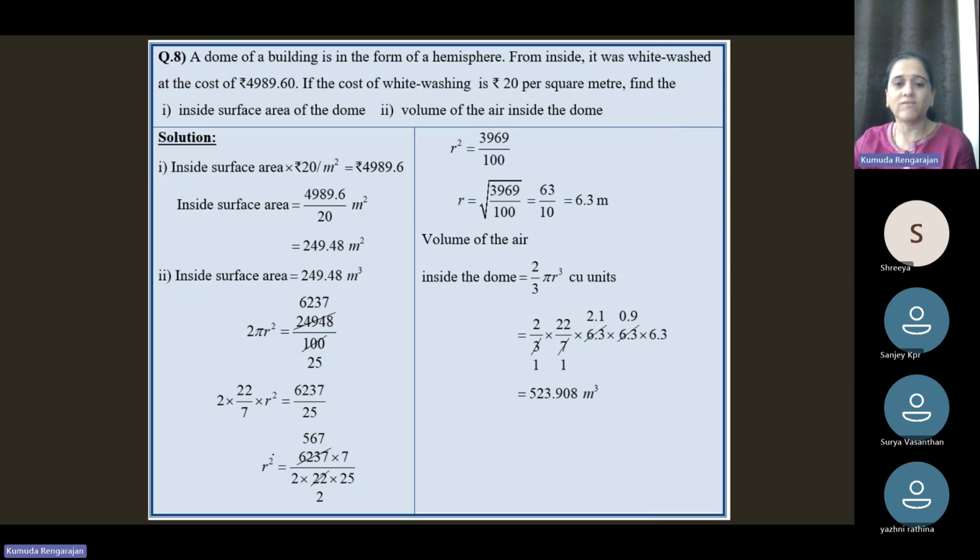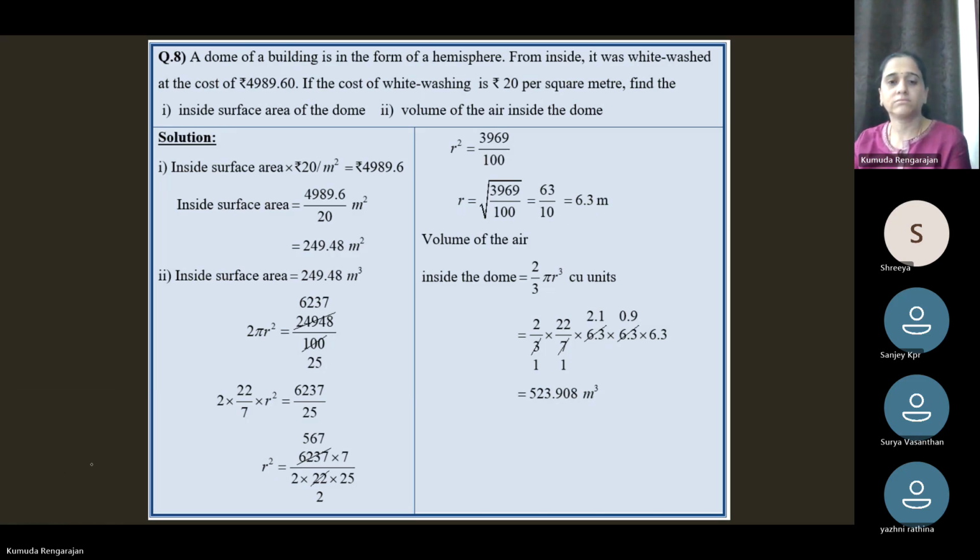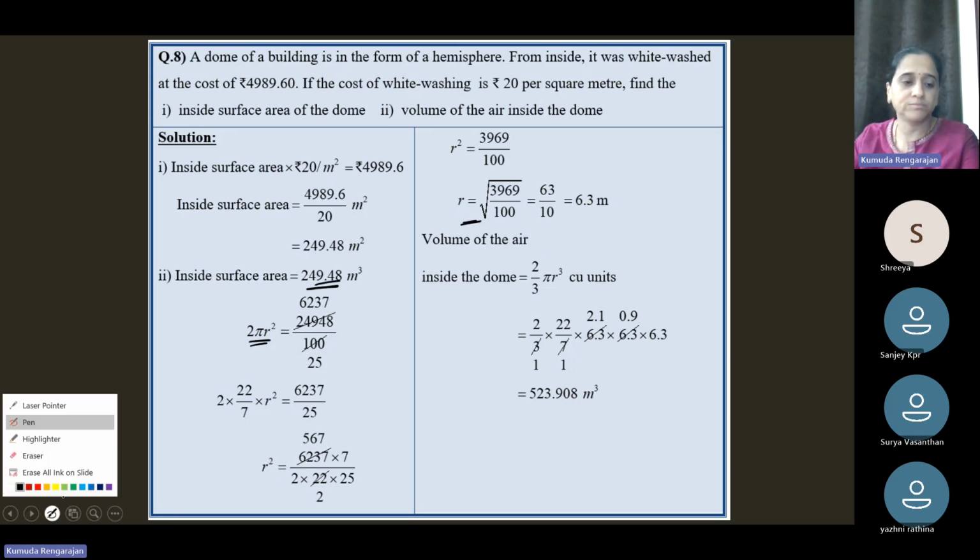Work that and find the value of r. And then find the volume of the air in the dome, 2 by 3 pi r cube. All right? You must use this equation, 2 pi r square is equal to 249.48, to find the radius and then find the volume of air in the dome.